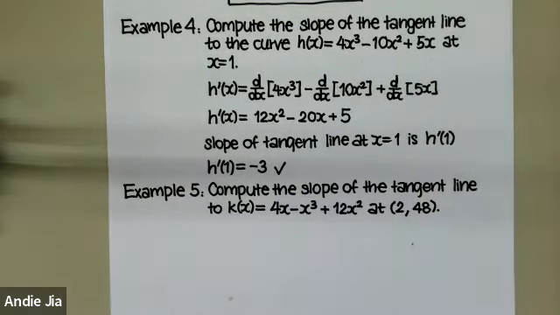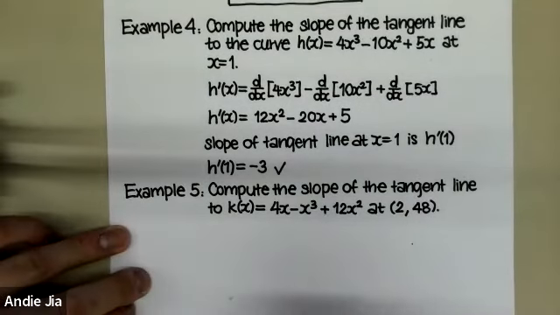That is the slope of a tangent line. And we need to find k prime of x and k prime of 2.